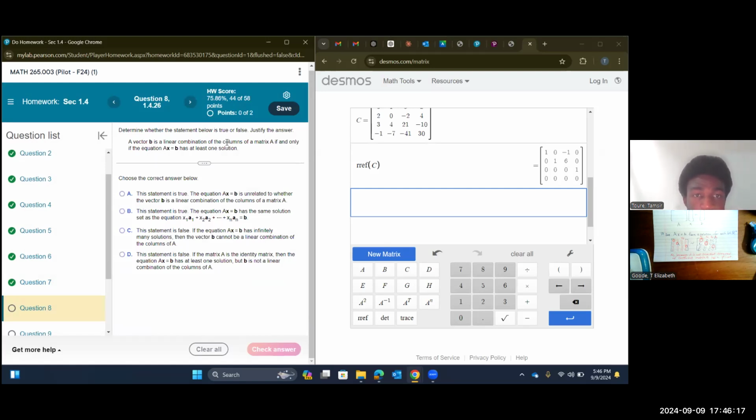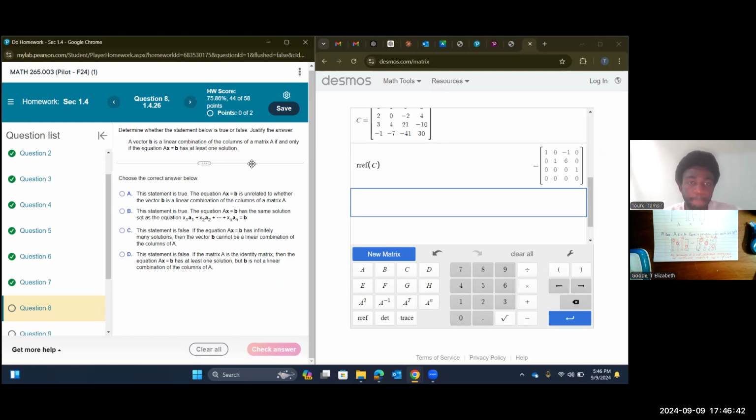Vector B is a linear combination of the columns of a matrix A if and only if Ax = B has at least one solution. Yes. It's a linear combination because if it has a solution, that's what having a solution means.